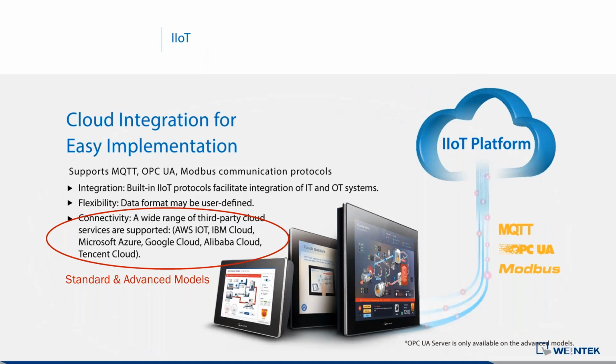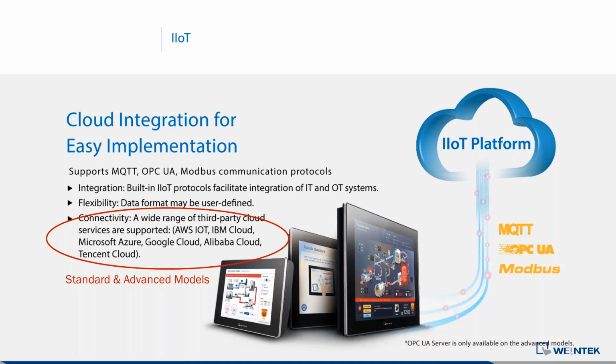Okay, so some of you may already use our IoT functions, right? And cMTX also supports the general IoT protocols like the OPC UA client, OPC UA server, and MQTT.